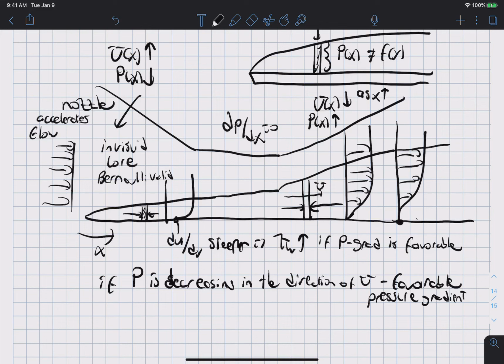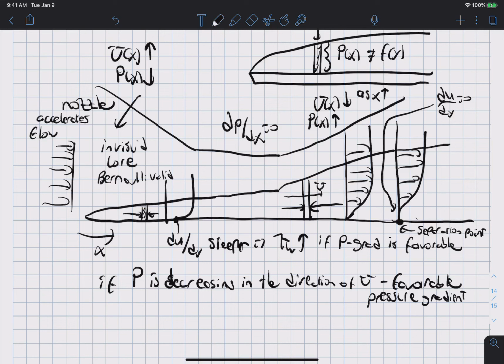And here, we have du/dy equals 0, and that occurs right here, and this is called a separation point. It's called a separation point because the boundary layer here is no longer attached to the wall. It's really no longer a boundary layer.